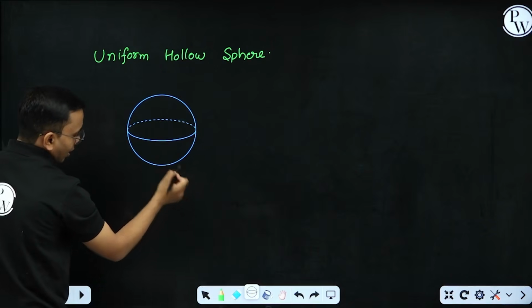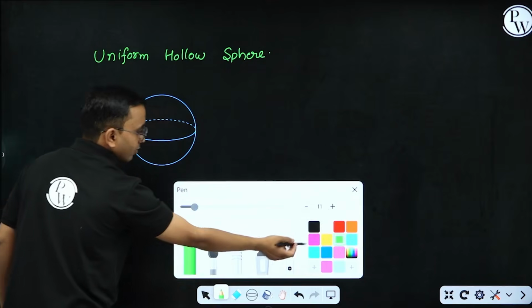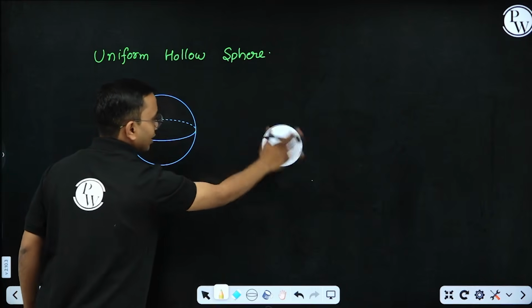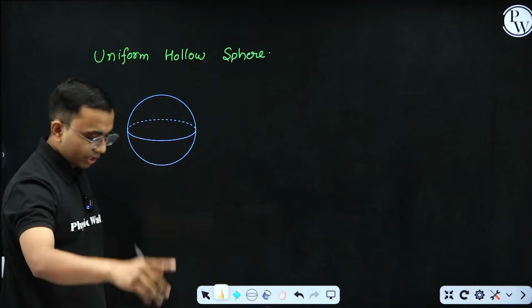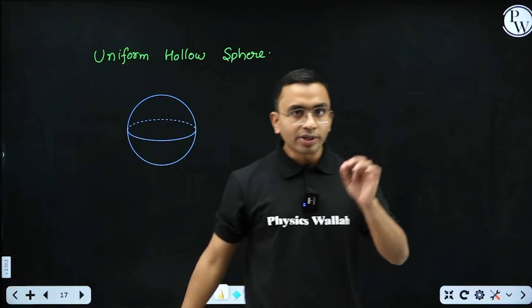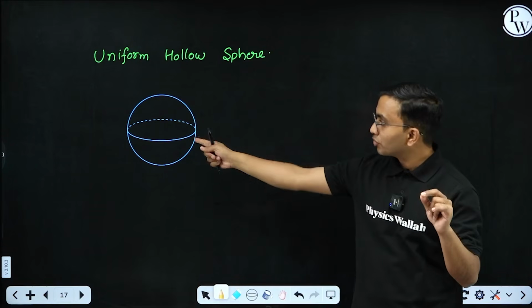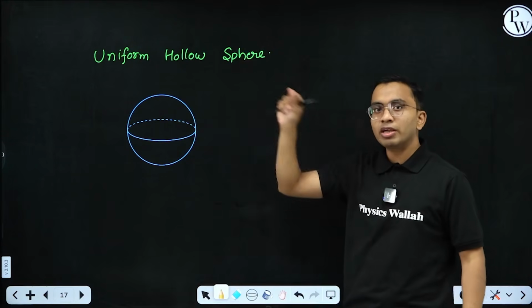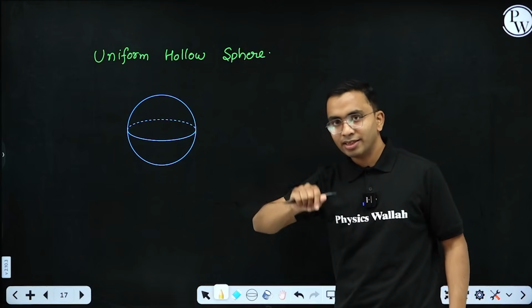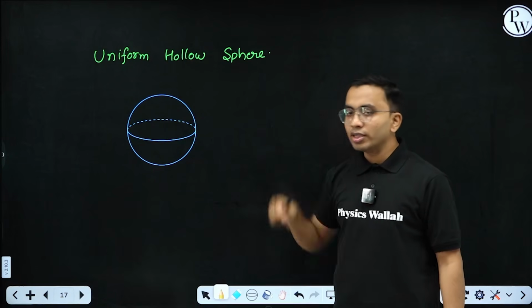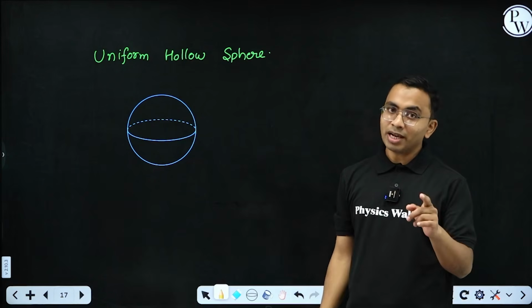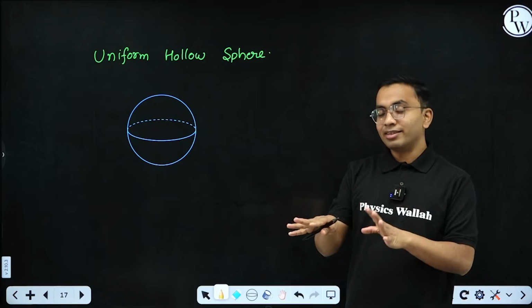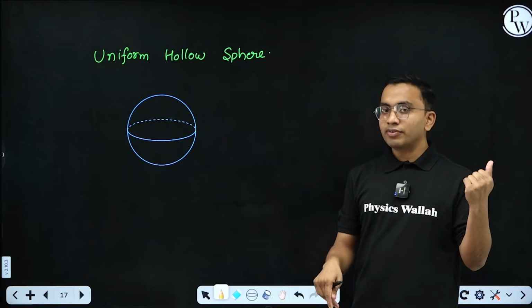Now there can be two cases. Which two cases did we consider previously? Inside and outside. As you remember, if I take a point outside, the sphere will behave like a point mass placed at its center. If I take a point inside the sphere, the field is 0. You remember that for a uniformly charged hollow sphere, inside the electric field is 0, outside the electric field is kq by r square.